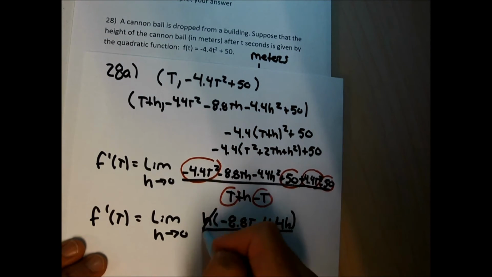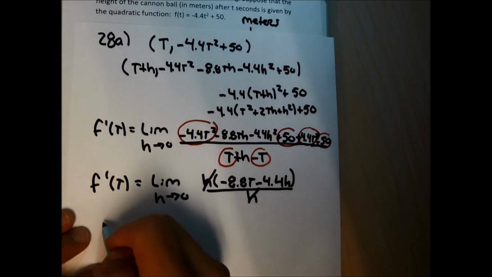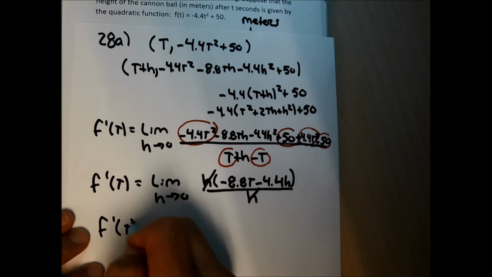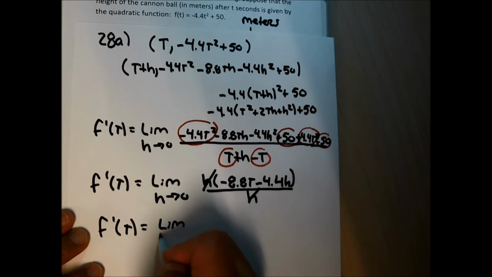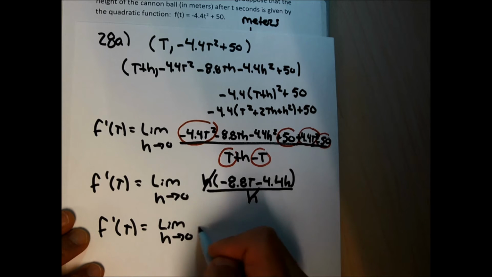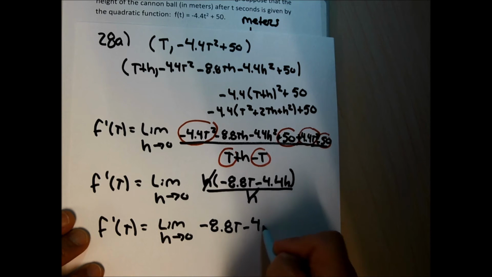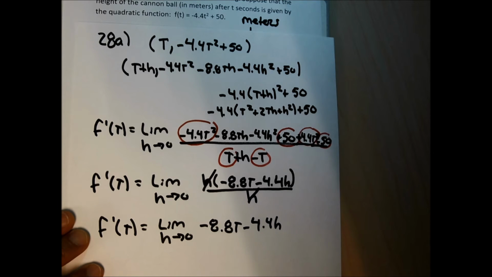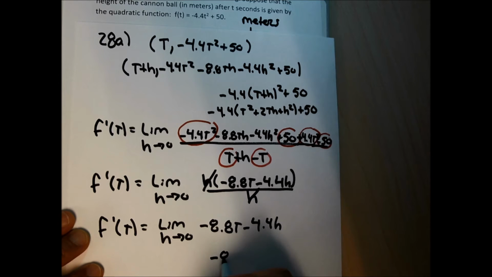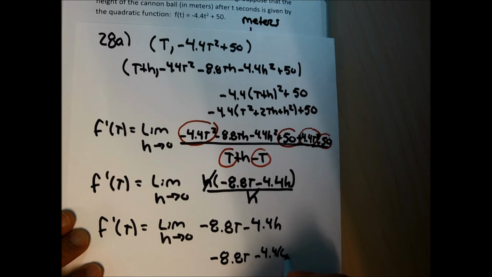I'm going to cancel out the h's and get f prime of t equals the limit as h goes to 0 of negative 8.8t minus 4.4h. I'm going to plug in 0 for h and get negative 8.8t minus 4.4 times 0.